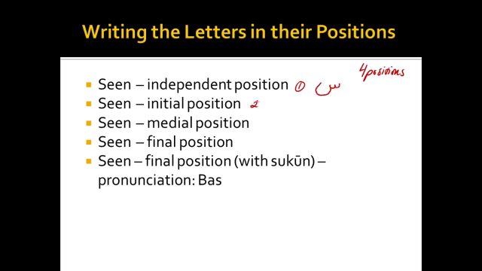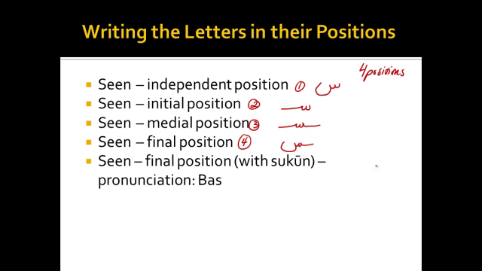And in the initial position, this is position 2, the Seen looks like this. Has these little, I call them teeth. 3, the medial position, again, connecting and connecting again. And in the final position, we have the Seen, it connects, and then it again dips below the line.